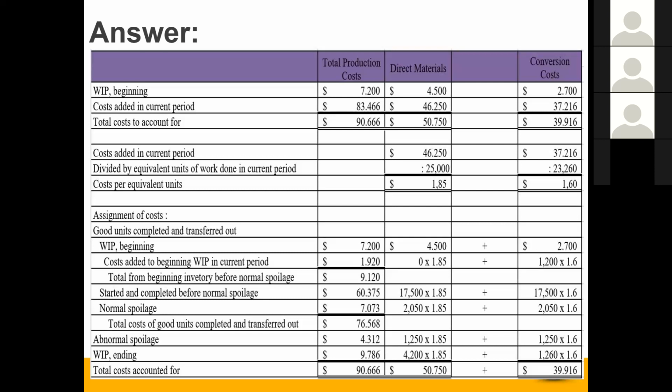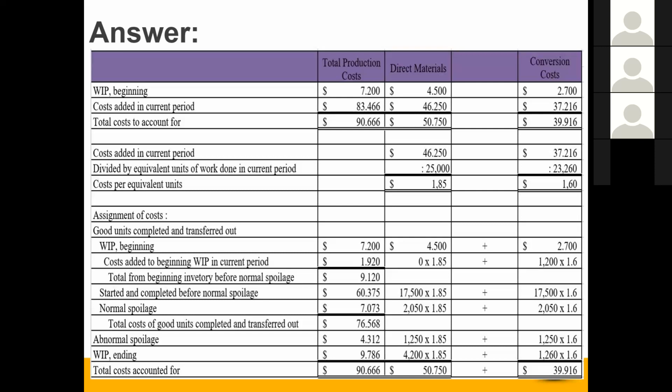WIP ending. The total production cost is 9,786. Direct material is 4,200 times 1.85 plus conversion cost is 1,260 times 1.6.